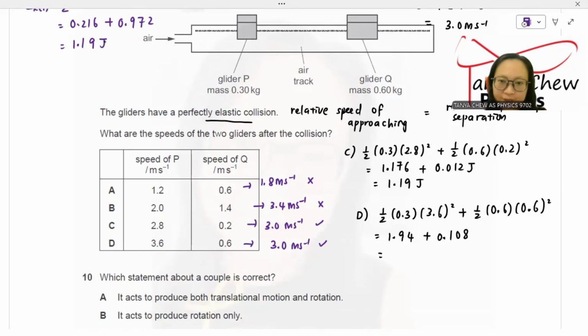Adding 1.94 and 0.108, you could see that this is 2.05 joules. This is not possible. D is not possible. One of the conditions which must be fulfilled for a perfectly elastic collision is that the total initial kinetic energy must be equal to the total final kinetic energy. So C is the answer.